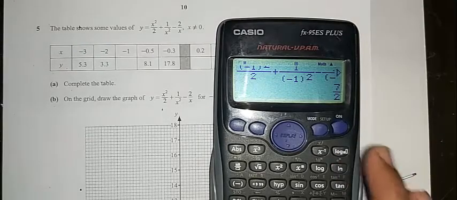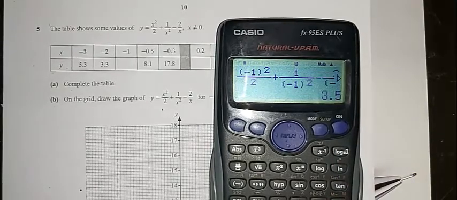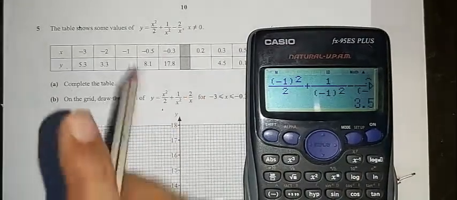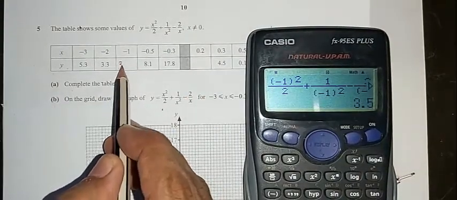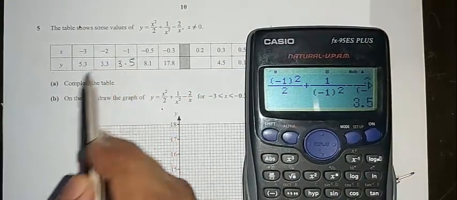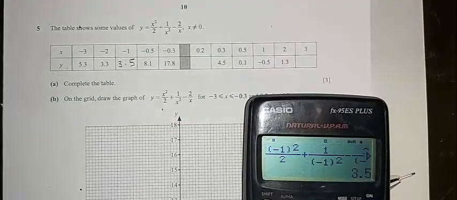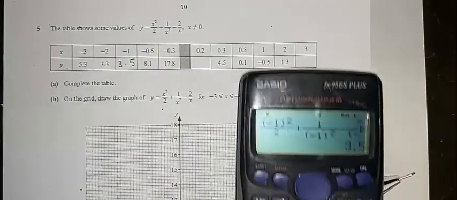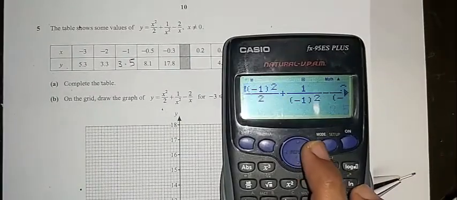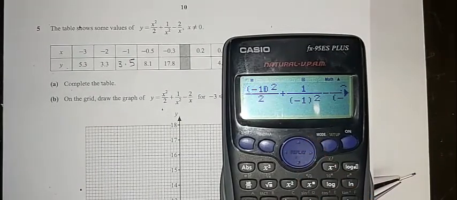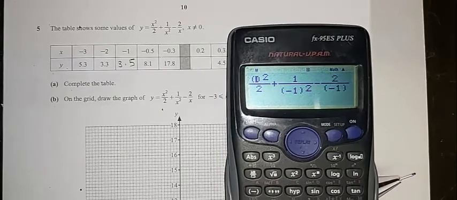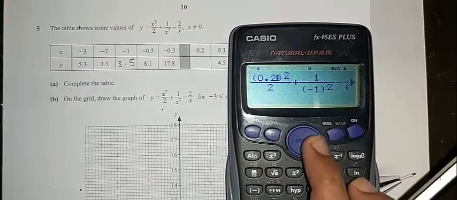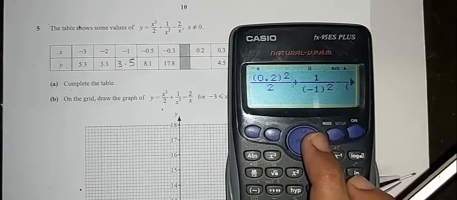This equals 3.5, so this value here is 3.5. The next value, when x equals 0.2, we will replace here minus 1 by 0.2.